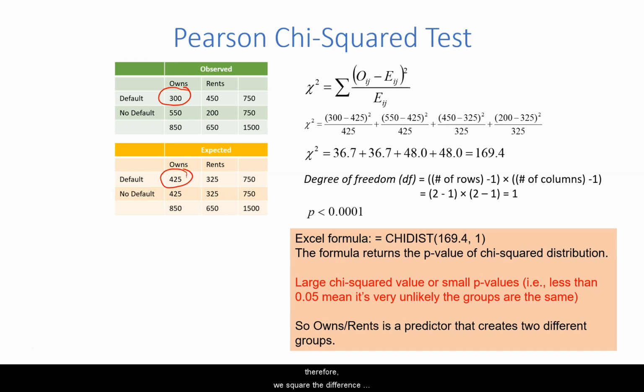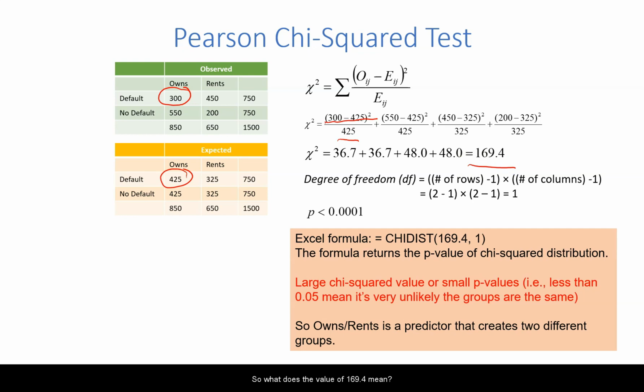Therefore, we square the difference between 300 and 425 and then divide the result by what's seen in the expected contingency table, which is 425. After computing that value for all four frequency values, we sum up the values to get the chi-square statistic, which is 169.4.